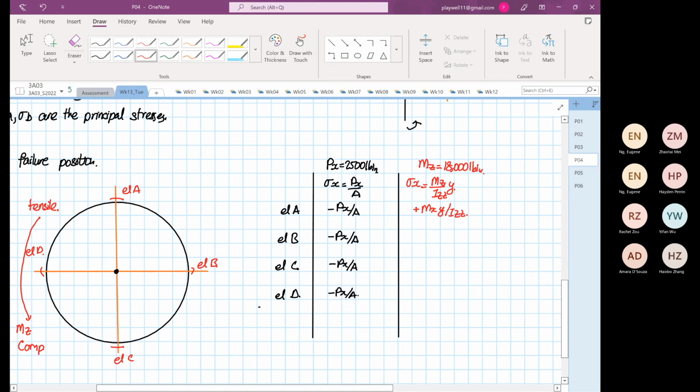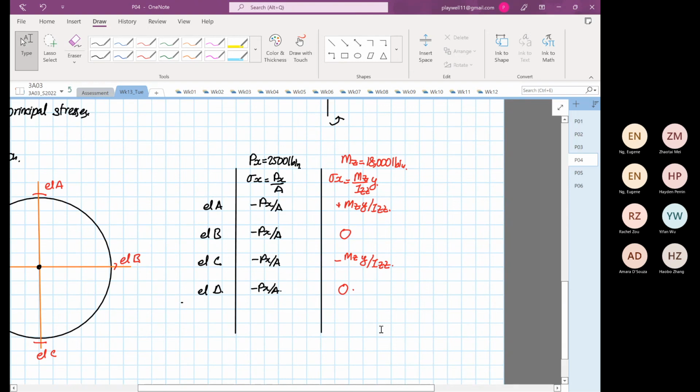Element B is at the centroid, so it is equal to 0. Element C is equal to minus Mz multiplied by y over Izz. One is positive Mz, the other one is minus Mz. And then element D is equal to 0.